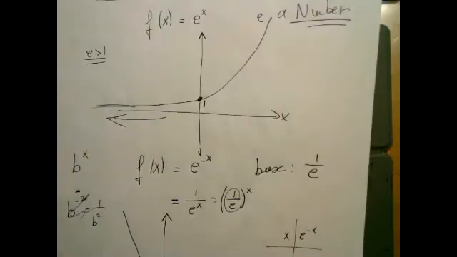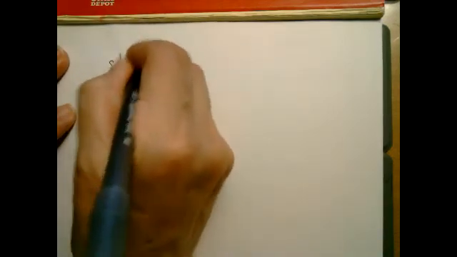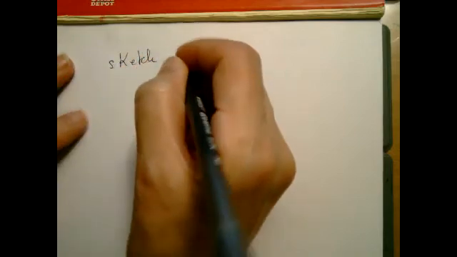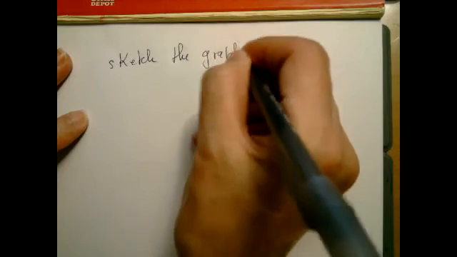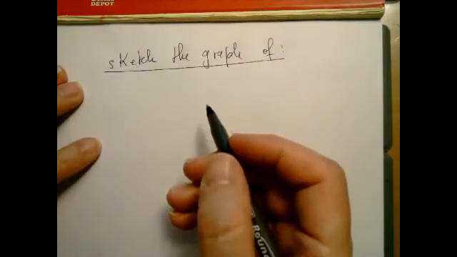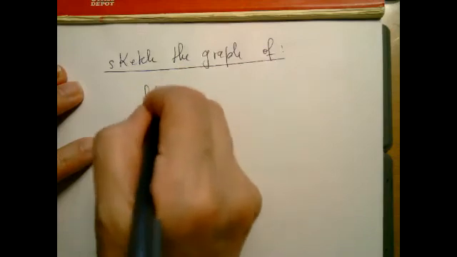All right, now we're going to do one problem that requires shifting and all this kind of stuff, and then we remind you of the laws of exponents. I would like you to do the following. If you have a piece of paper by your side, sketch the graph of f of x equals 4 minus e to the minus x, and tell me what will happen to the new asymptote.